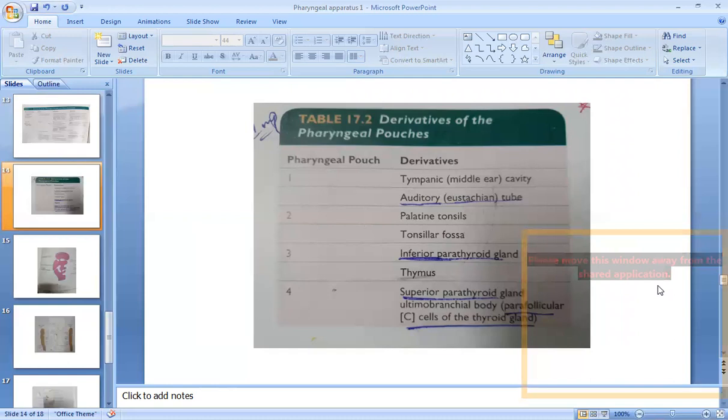The inferior parathyroid gland and the thymus gland in combination from the third pharyngeal pouch. And the superior parathyroid gland with the ultimobranchial body, which will later contribute to the formation of the thyroid gland. This is also called parafollicular cells or C cells, and they are responsible for the production of calcitonin.